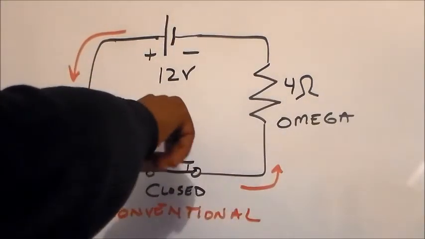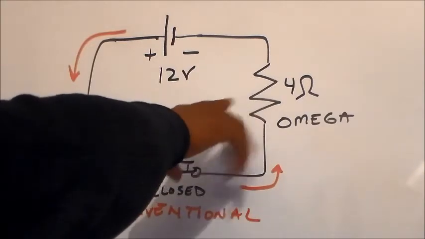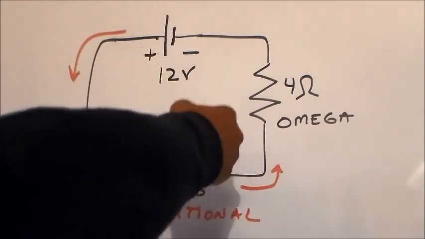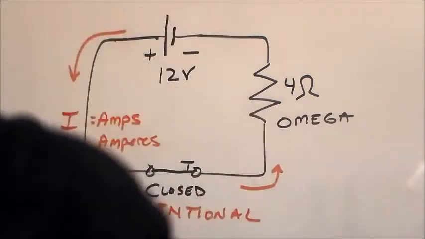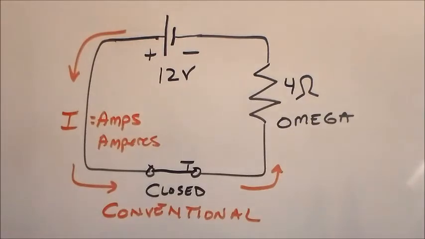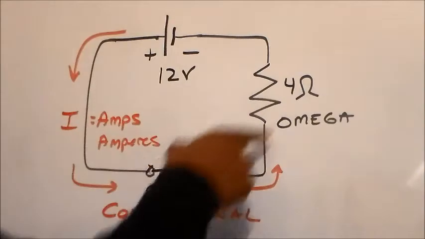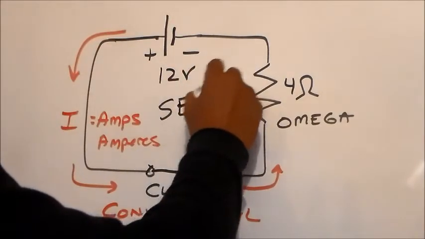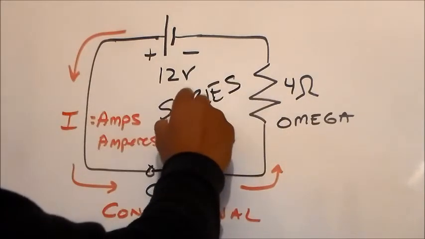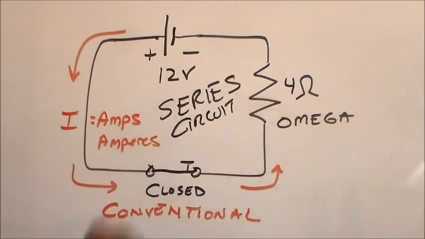And then finally, our resistor, it reduces the flow of current and it drops voltage levels as well, and we'll talk about that. And this is what we call a series circuit. This is a series circuit because there's only one path for electricity to flow. Series, not the World Series. It's only one path.